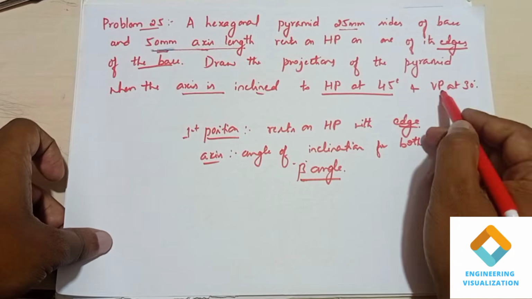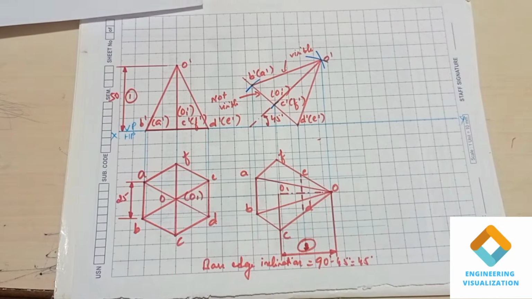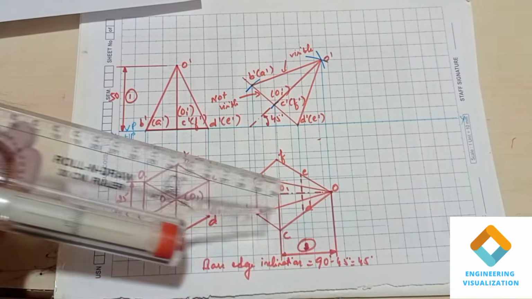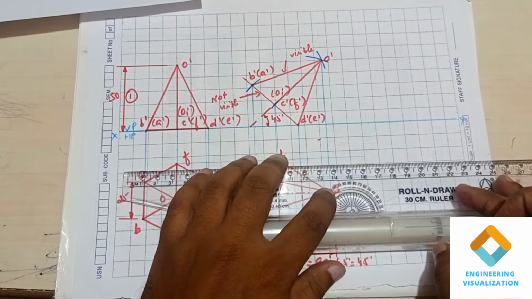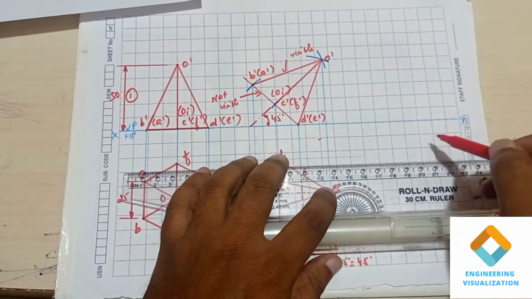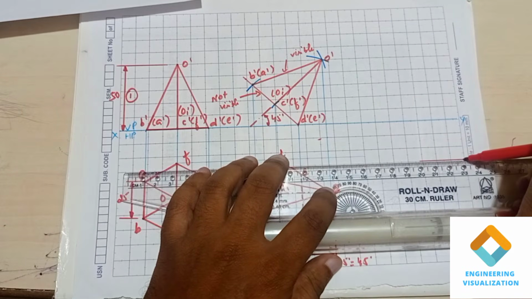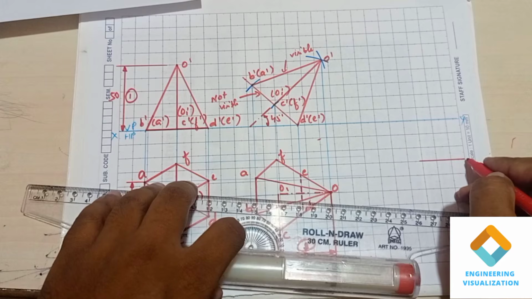Now here, since the problem belongs to beta angle, we have to draw an angle line for 30 degree. So mark one reference point.